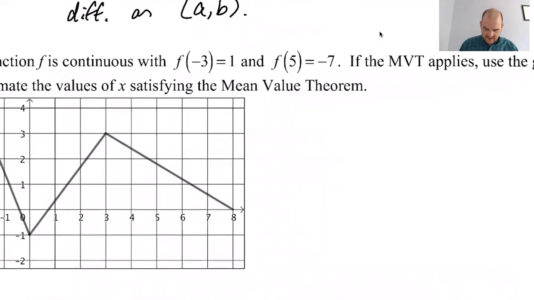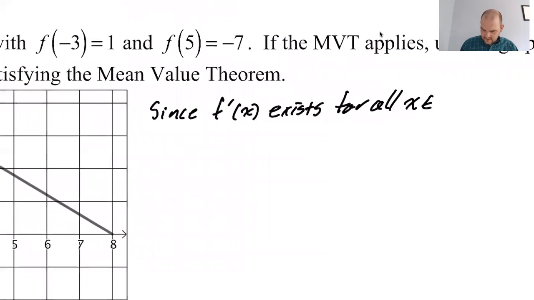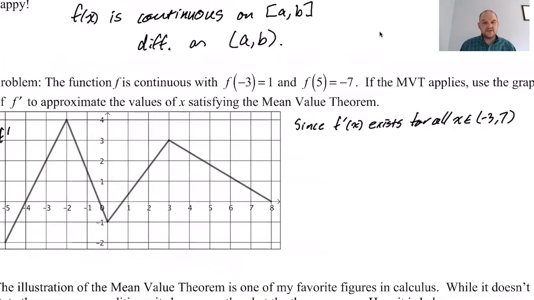So I'm going to say, since f prime of x exists for all x in -3 to 7, and I could include -3 and 7 because it also exists at those points. I mean, this is the graph of the derivative.